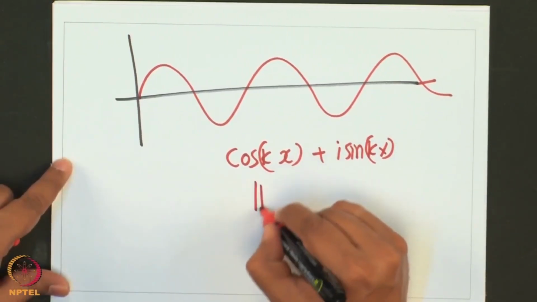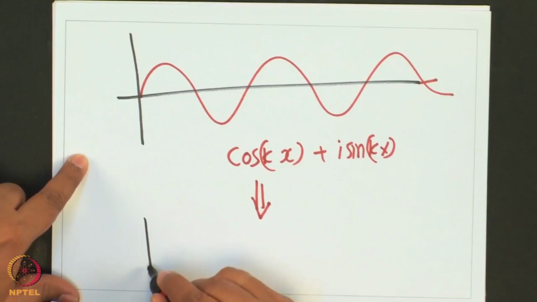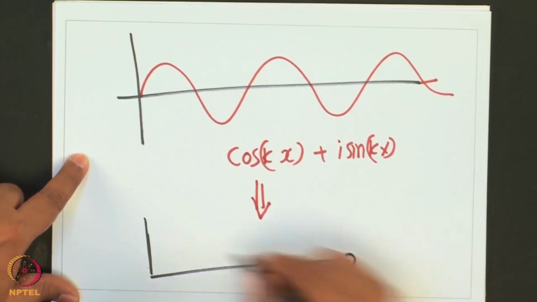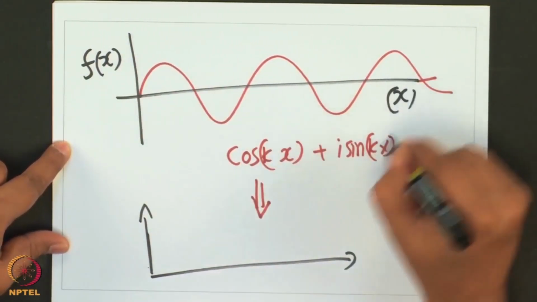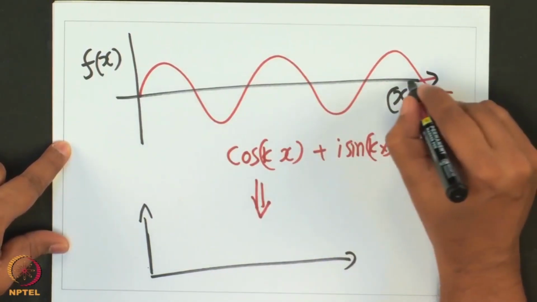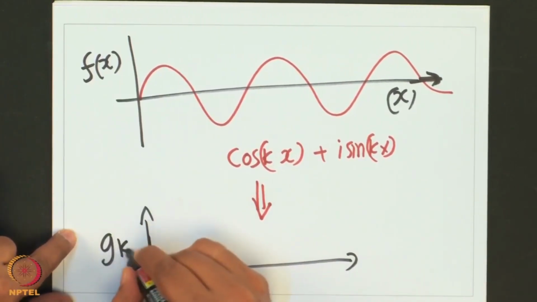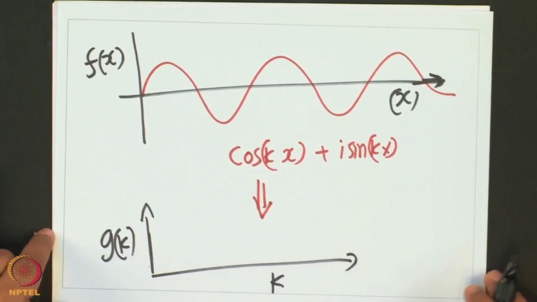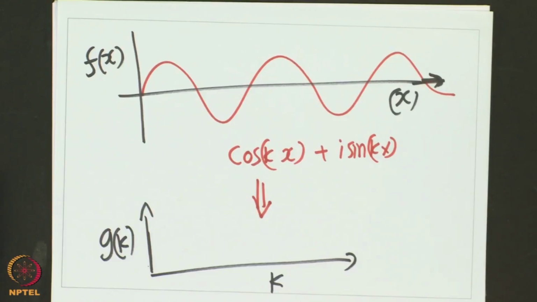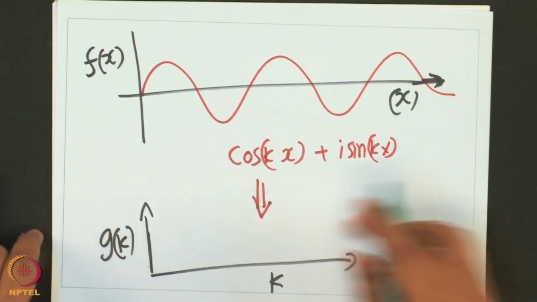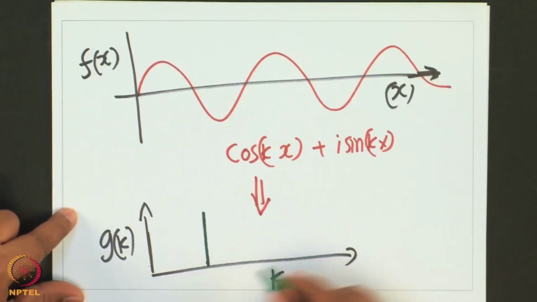If I do the Fourier transform of this, so this is my f of x versus x. This is a function of x, and you will get a curve like this as a function of x. Now, if I just want to plot g of k versus k, how would it look? For this particular function, if I do the integral, the answer will turn out to be just one peak, at some particular value of k.